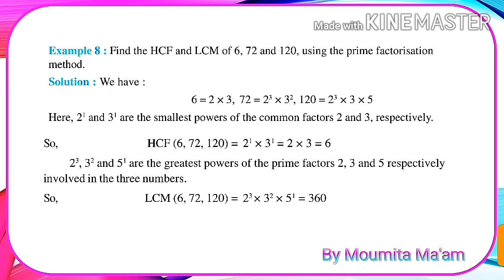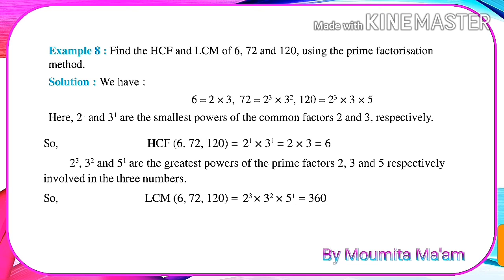Therefore, the LCM of 6, 72 and 120 is 2 to the power 3 into 3 to the power 2 into 5, that is 360. Because as you can see here, the prime numbers are 2, 3 and 5, and the highest power of 2 here is 3 and the highest power of 3 is 2. In case of 5, the highest power is 1. Therefore, the LCM is 360.